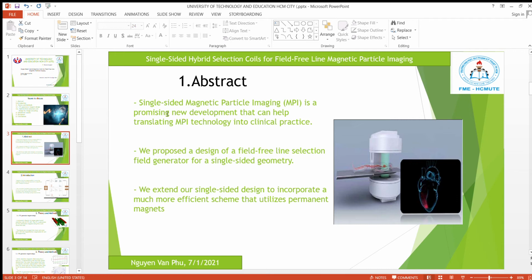We proposed a design of a field-free line selection field generated for the single-sided geometry. We extend our single-sided design to incorporate a more efficient scheme that utilizes permanent magnets.